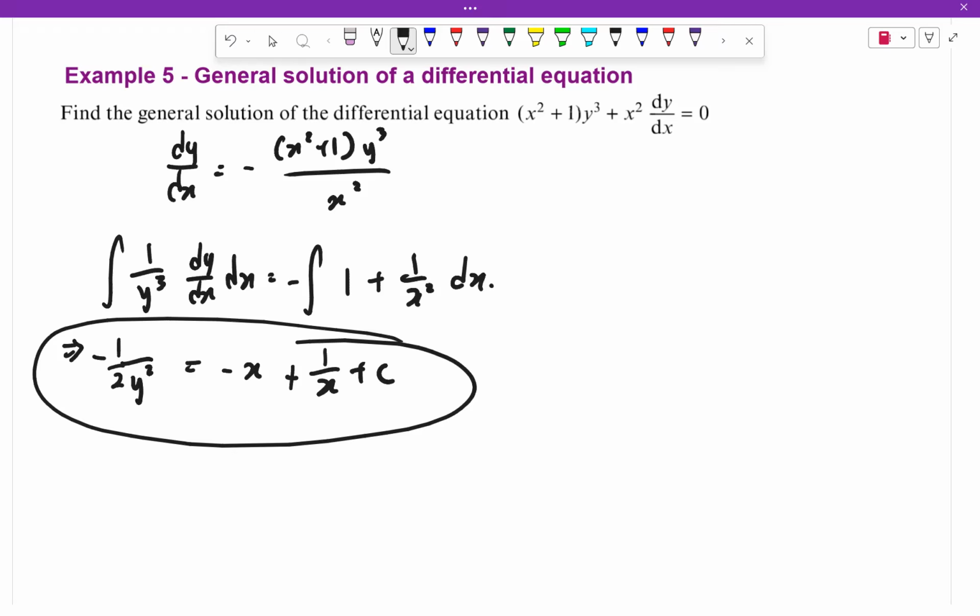It's not necessary to rearrange to x unless requested. Also we have to say that y is definitely not equal to 0, this needs to be stated, and x is not equal to 0.